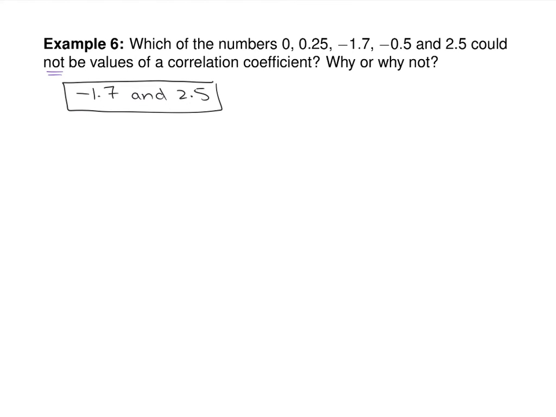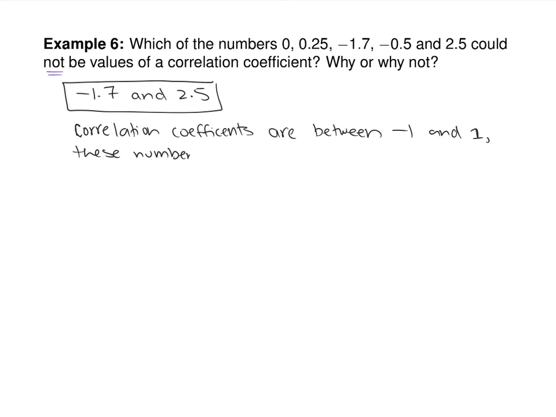And the reason is that correlation coefficients are between -1 and 1. These numbers are not. So it's totally not possible to have correlation coefficients outside of that. Think about them kind of as being percents.